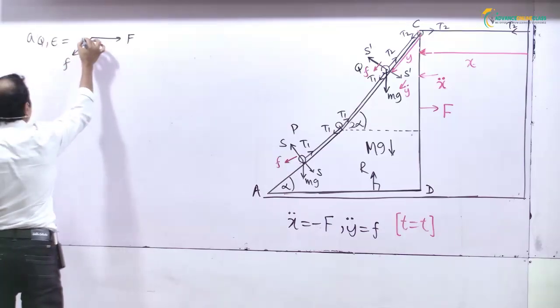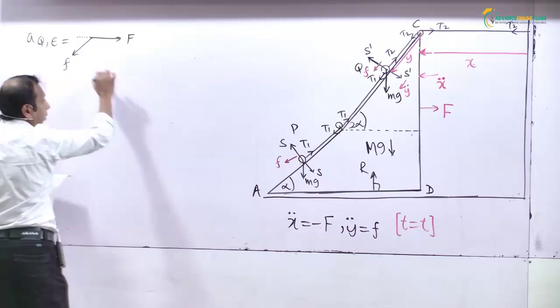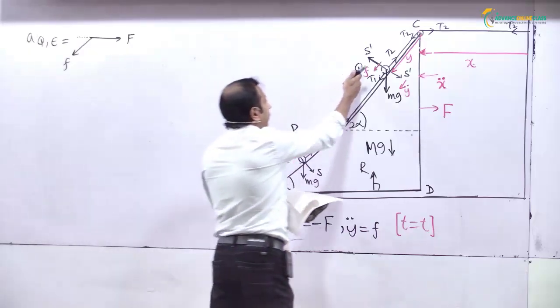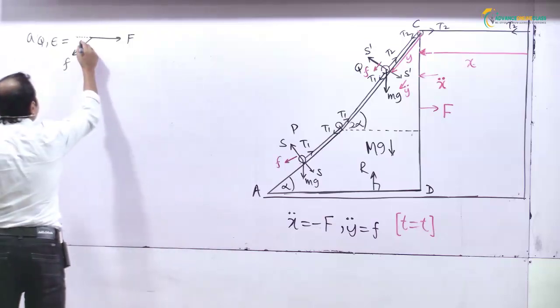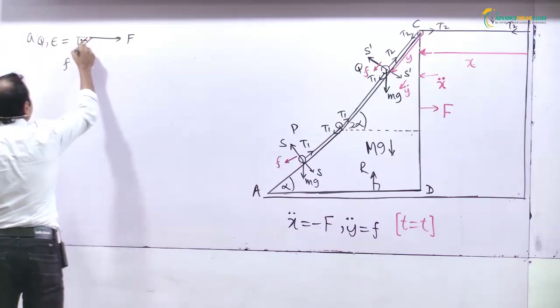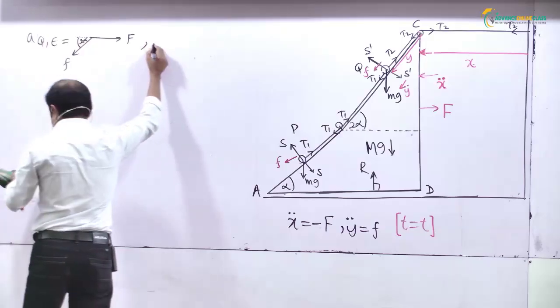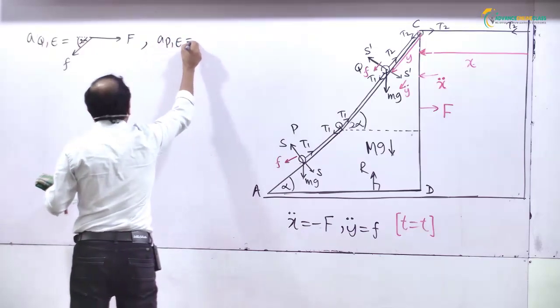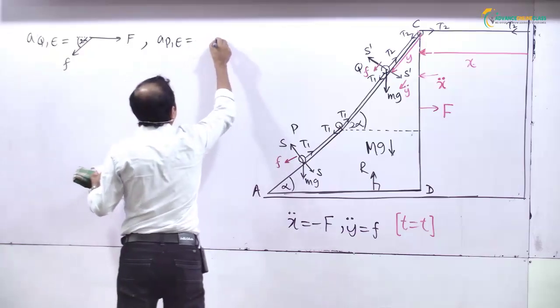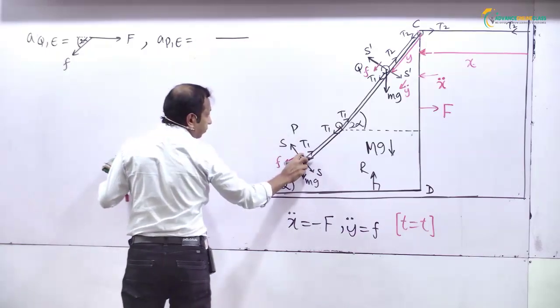This angle is 2 alpha, no? Q makes 2 alpha with the horizontal. Therefore, this is 2 alpha. And P, P is this, no?